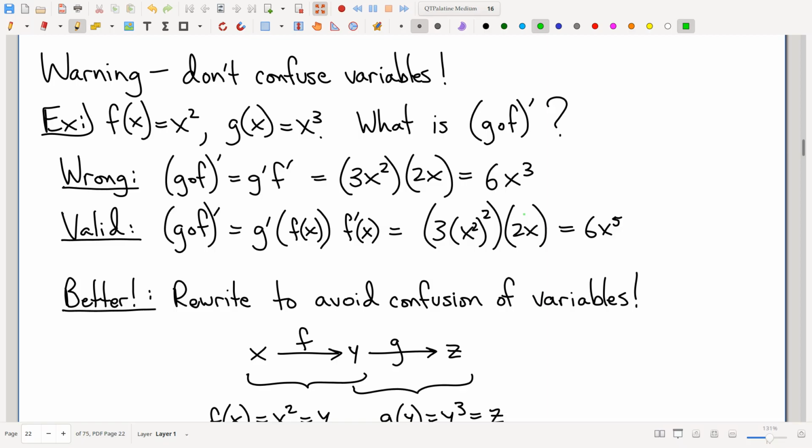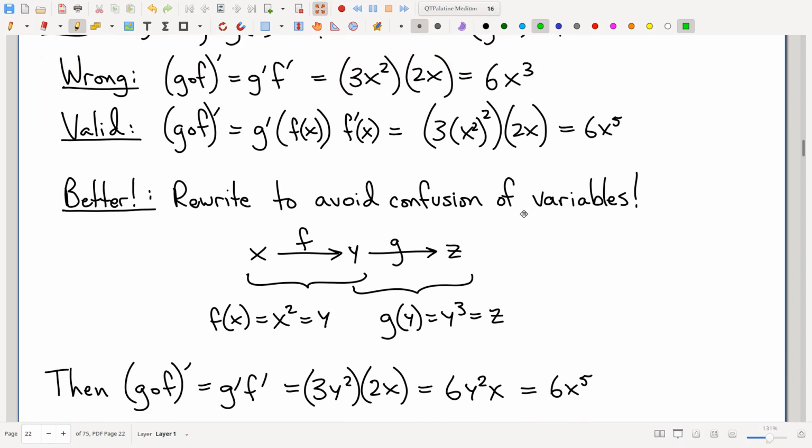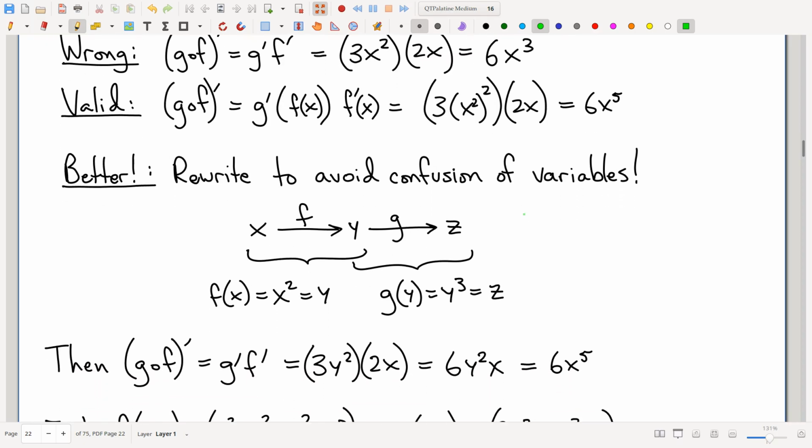Let me explain why I think that stinks. That absolutely stinks. If I write f as a function of x, let's just ask, what should I call that output? Can I call that output x? No. That would be ridiculous, wouldn't it? The input's x, I can't call the output x.